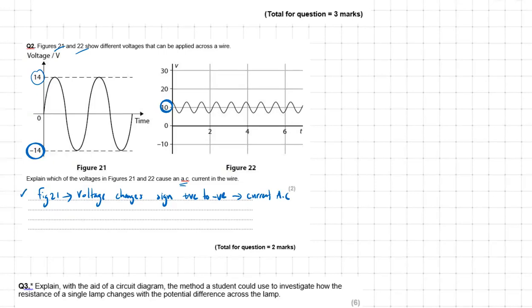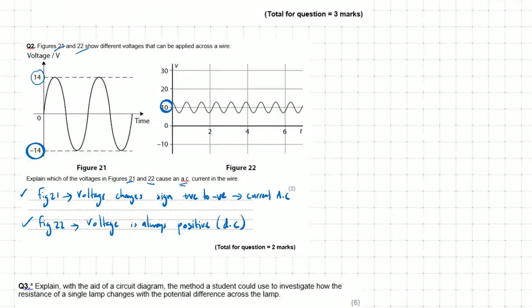It's 2 marks. It says here, explain which of the voltages in figure 21 and in figure 22. So we need to explain why figure 22 is not AC. In figure 22, the voltage is always positive, so it is direct current, DC.